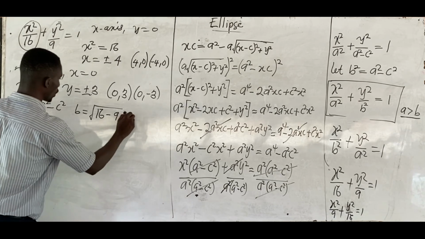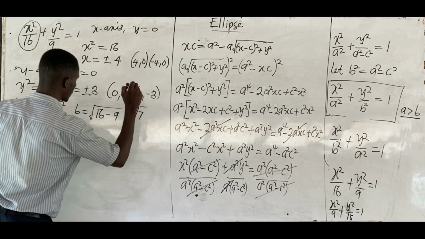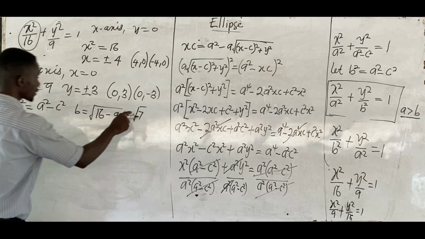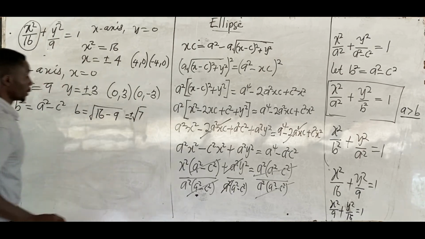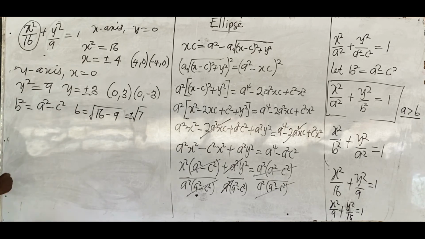So this gives root 7, and the foci will be plus or minus root 7.